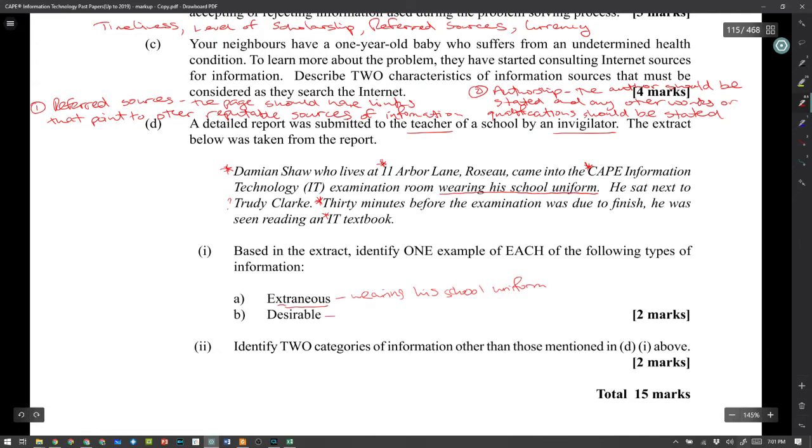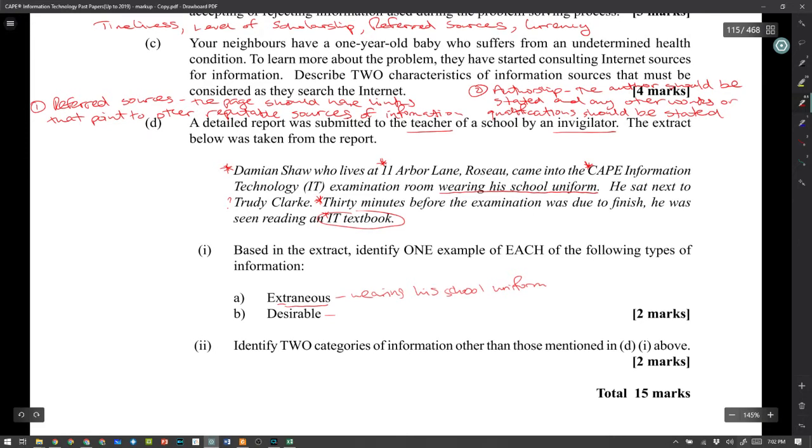Desirable could be many things. I will put 30 minutes before the examination is due to finish, reading his IT textbook. That is clearly essential. The time that he read it, 30 minutes before, that could be desirable. His name is essential. His address could be desirable. So for desirable, we could either put the 30 minutes or the address, 11 Arbor Lane.